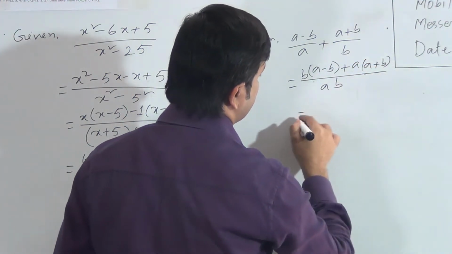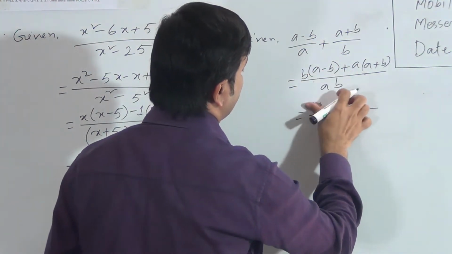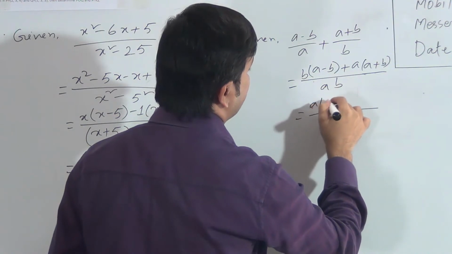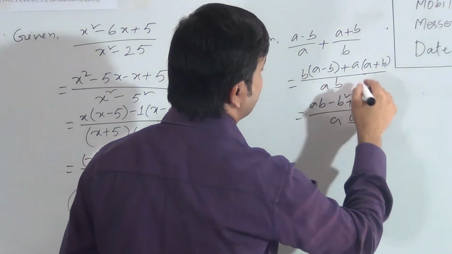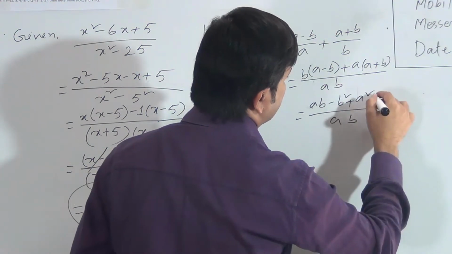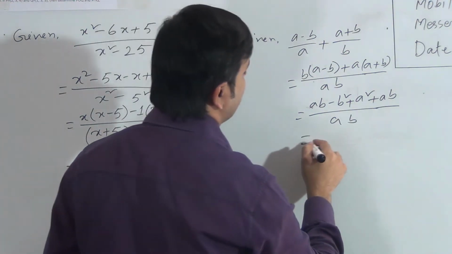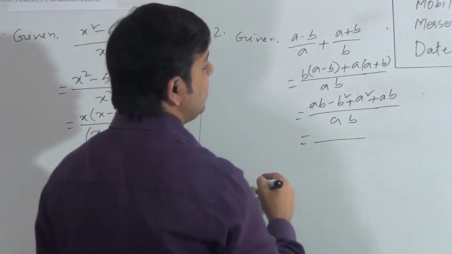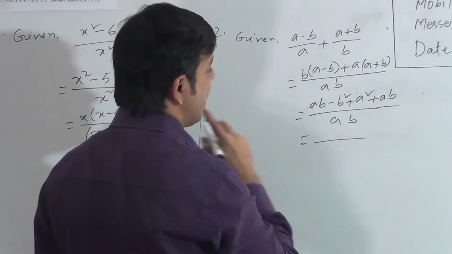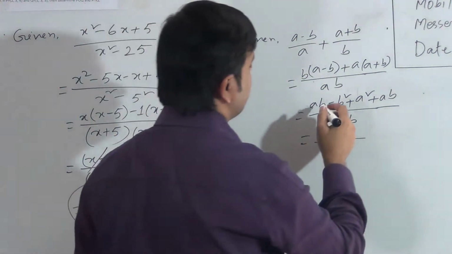If we multiply, this will be ab minus b square, plus a square plus ab. So if we calculate here, what will we get?